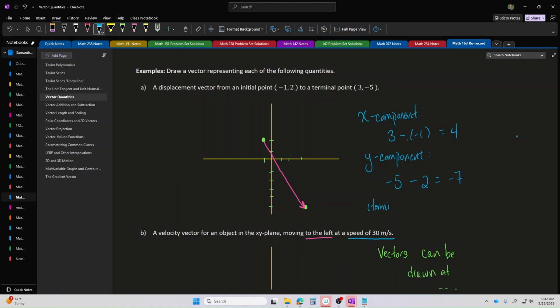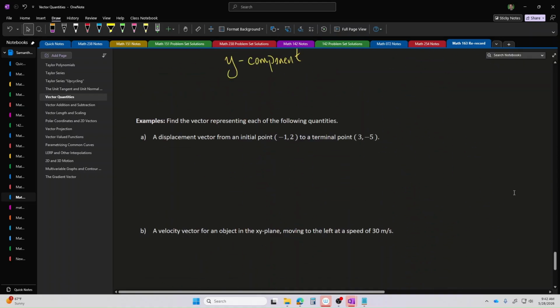So by subtracting the 2 points in the order terminal minus initial, I can get the components of this displacement vector, 4 and -7. So in math notation, I would write it like this, angle bracket 4, -7. If I want to use physics notation, I could write it like this, 4i hat -7j hat.